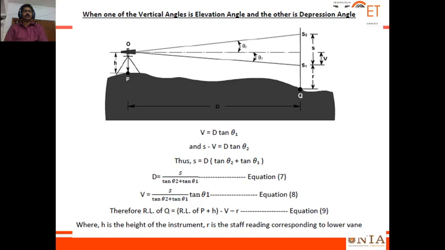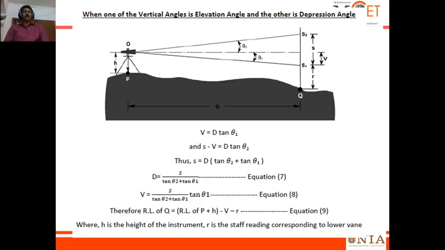So this is the tangential method where we are able to hold the staff over the required station. In such a condition only the tangential method is possible. And in the stadia method also we need to measure the three cross hair readings. There also we need to hold the staff over the station.